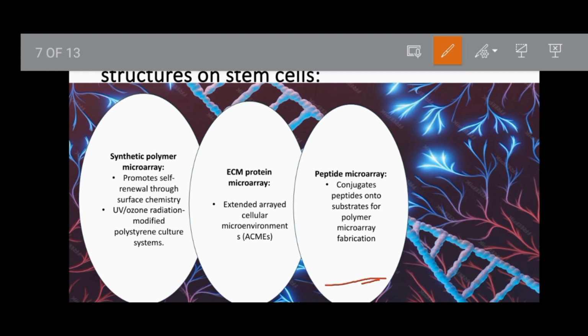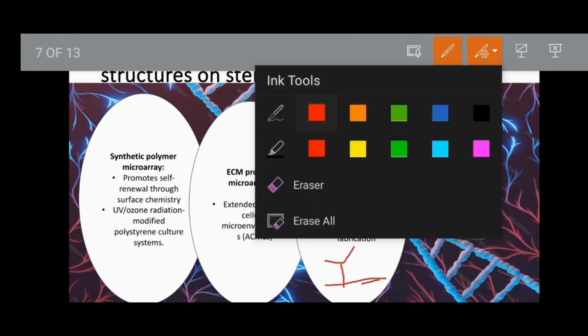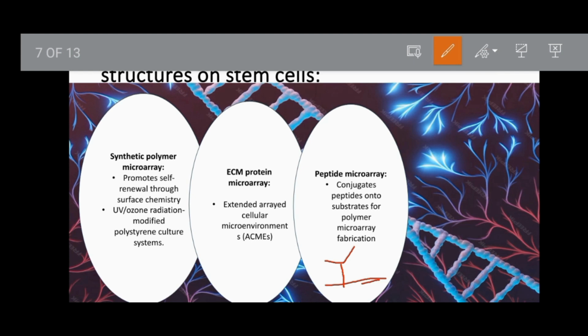Suppose I have this surface of a chip, and to this chip we have immobilized our peptide. I have shown it here by red, and whenever any kind of antigen specific for this immobilized peptide comes in contact, which I have shown as blue, it is identified and gets attached.